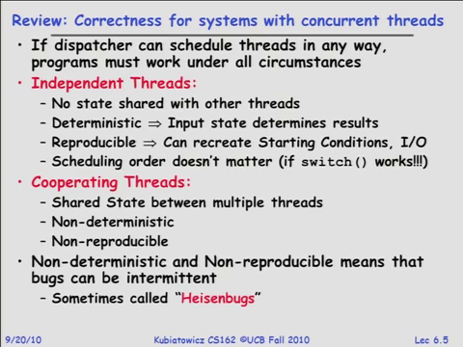I'm hoping that at the beginning we scare you enough into making sure that threads sharing state have been designed cleanly, so that the state sharing does not lead to weird answers. That's going to be our goal of synchronization, and that's the topic of today. Any questions on this before we go on?